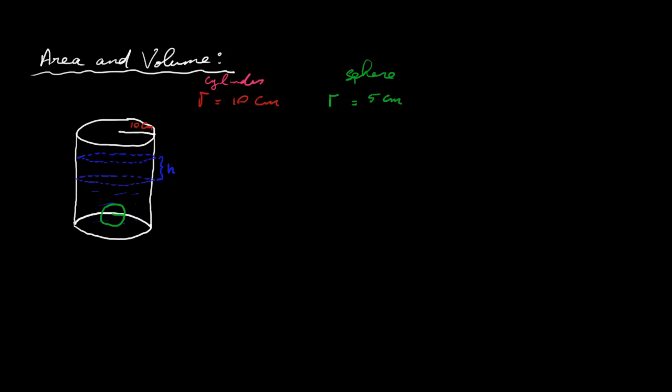So what we need to do here, first of all, is find the volume of this sphere that we put into the water. So we're going to look at the volume of the sphere. And the volume of a sphere is given by the formula 4 over 3 pi r cubed. So we take the 4 over 3, multiply it by pi, and multiply it by the radius cubed.